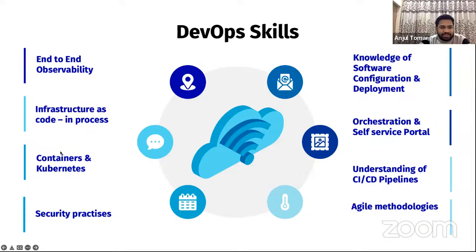Containers and Kubernetes. What are containers? Kubernetes? This is the foundation of the DevOps skills. Containers and Kubernetes helped to end the DevOps fight. Because the devs did not have visibility of what version of operating system was running in production until operations teams came and told them.